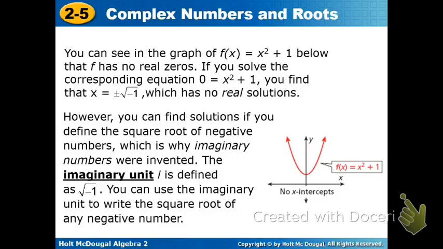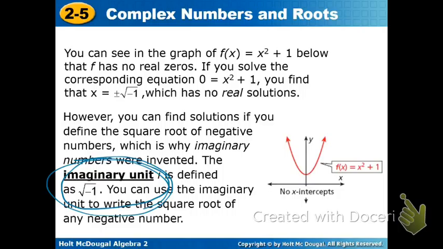So what you need to take away from this slide right here, the only thing you really need to know about this screen is specifically this part here, imaginary unit. When I talk about an imaginary number, I'm not talking that it's just any random imaginary thing. It actually has a distinct meaning.